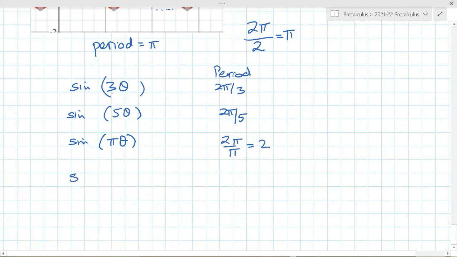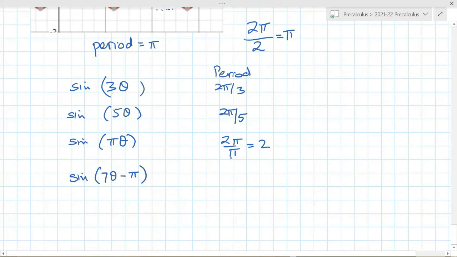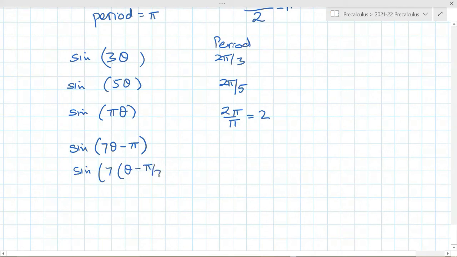If I have sine 7 theta minus pi, what is the period? Remember, we can rewrite it as sine 7 times theta minus pi over 7. This is the phase shift. That means it's just sliding left or right.